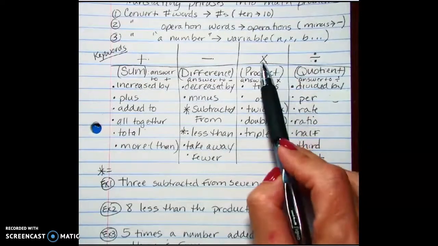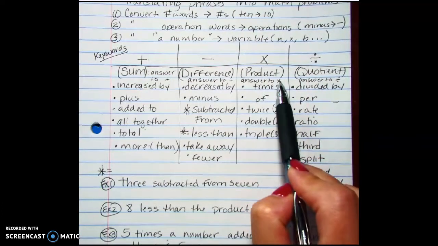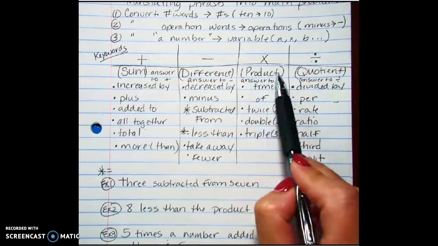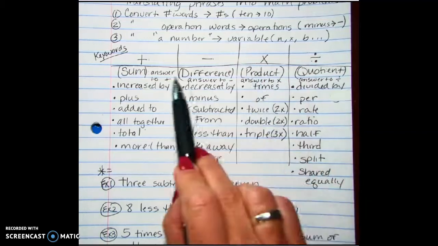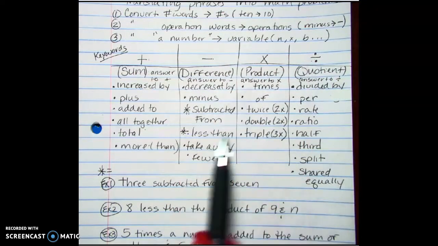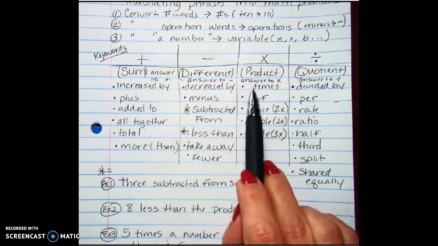Next, we have multiply. The answer to multiplication, which you should already know, is the word product. Therefore, we have the parentheses around each of these answers to an operation because we might have to do that first if there are 2 operations in this expression.